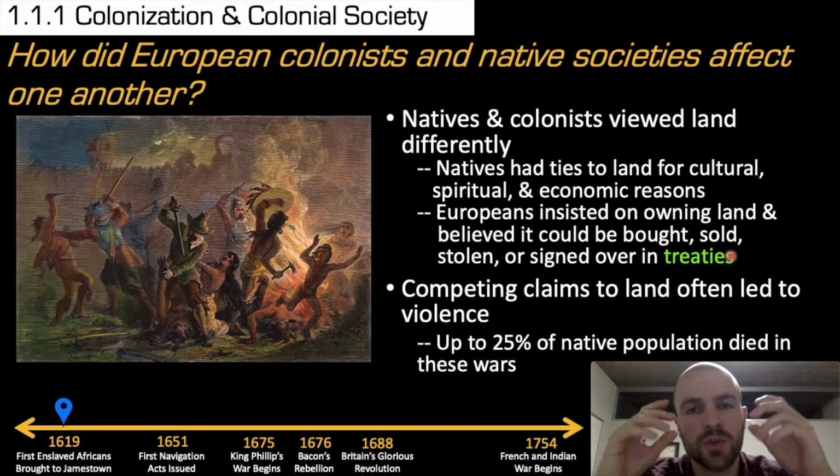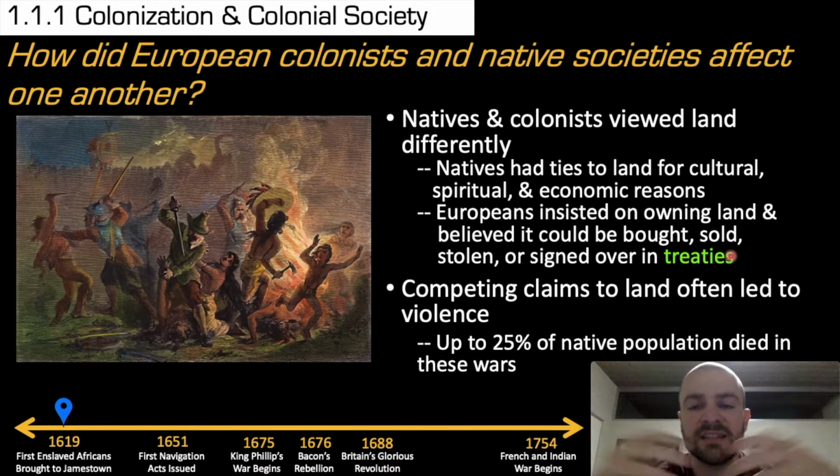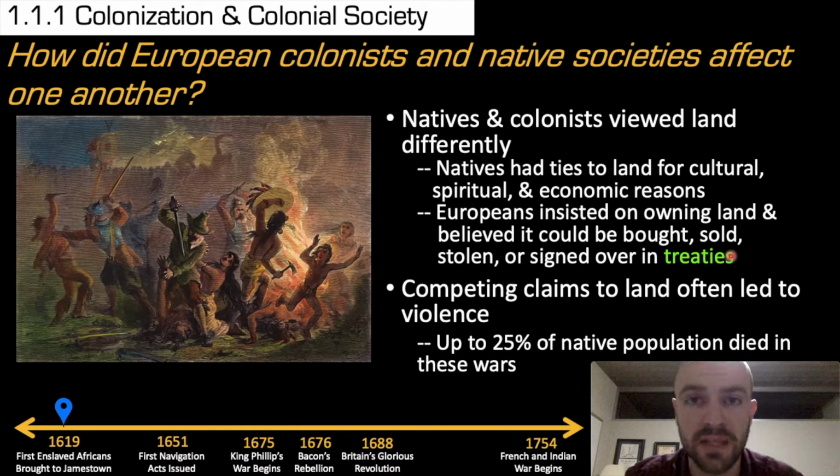The European view of land is that it was property, personal property, something that a person can own.